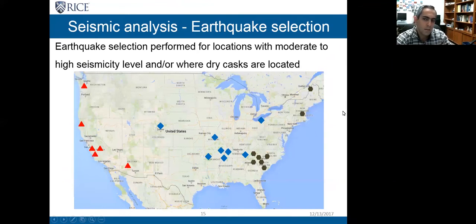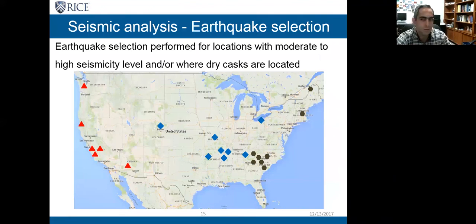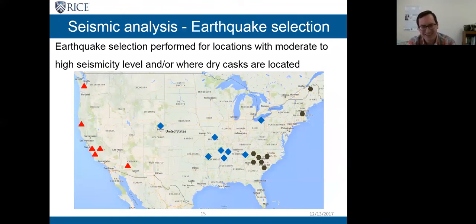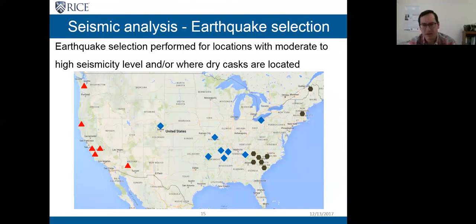And we analyzed the 160 configurations that I showed subjected to each ground motion suite, which were selected for each of these regions. Sorry, how many ground motions? So we had 160 ground motions, and we paired them with the 160 configurations. But this was done for 3 different regions, so it gave us 480 models in total.